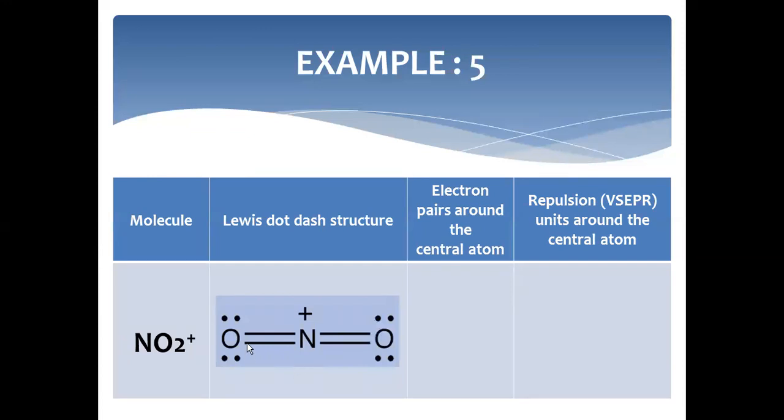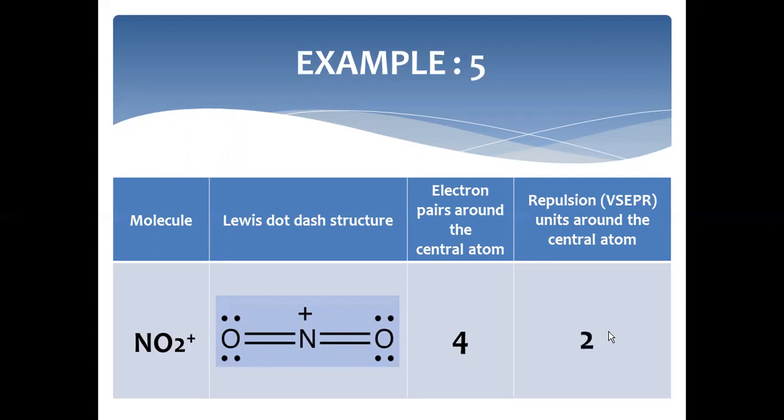We are not thinking about the positive charge, but here you have two double bonds. Therefore, the electron pairs around the central atom is 4, right? And the repulsion units around the central atom? You can see 1 and 2 double bonds. Even though that is a double bond, we consider it as 1 repulsion unit. Therefore, you have 2 repulsion units here.